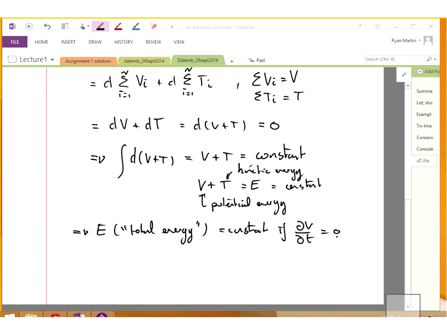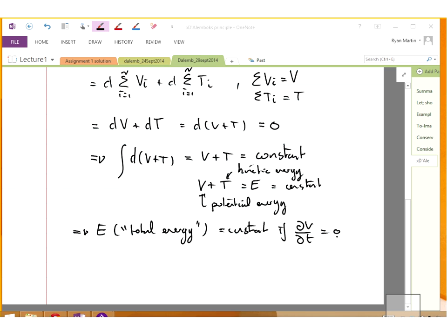But if you have some knob that changes the force of gravity with time, then you may not expect that energy be conserved.